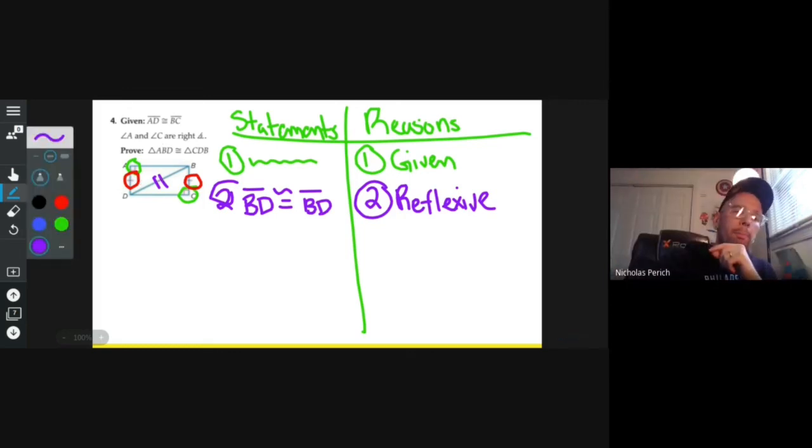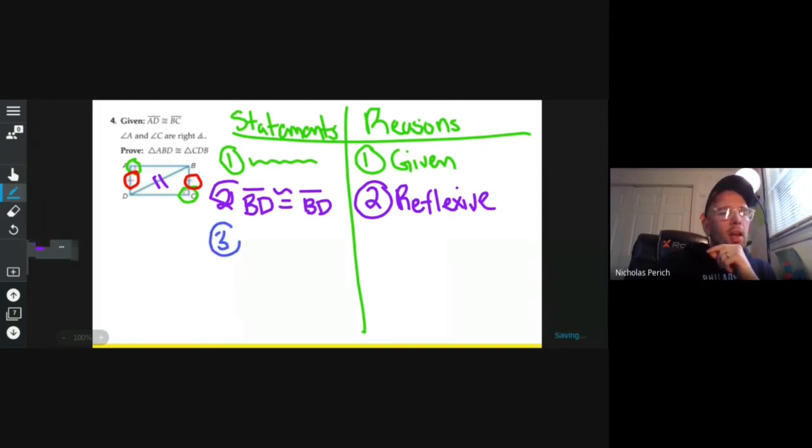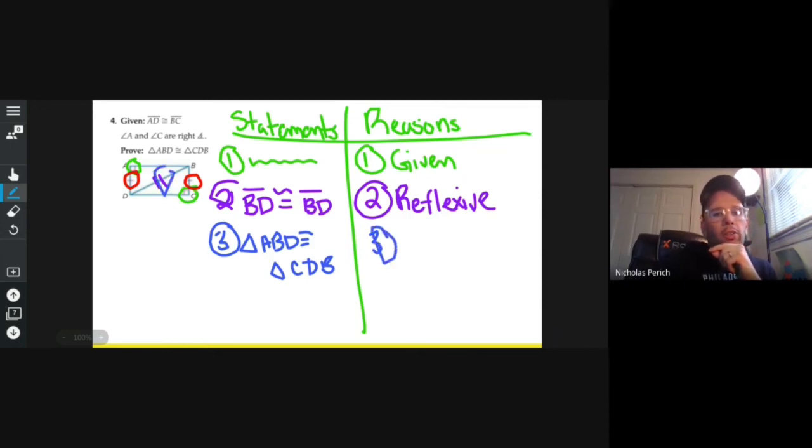So now I can say that triangle ABD is congruent to triangle CDB, and that's through which one of the four properties? HL is correct, because the hypotenuse is the same and the leg is the same. So this is going to be the HL property of congruence.